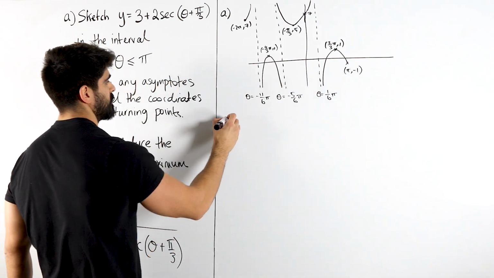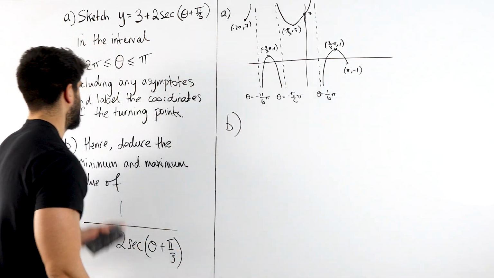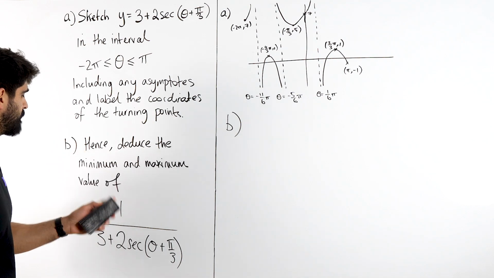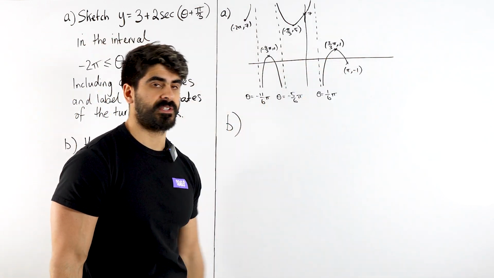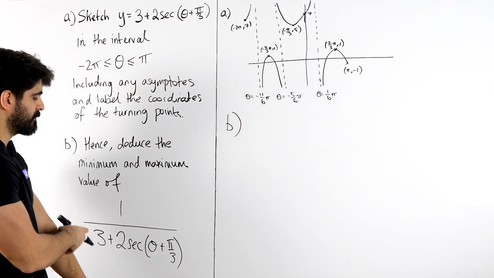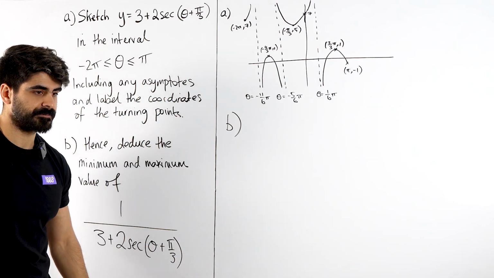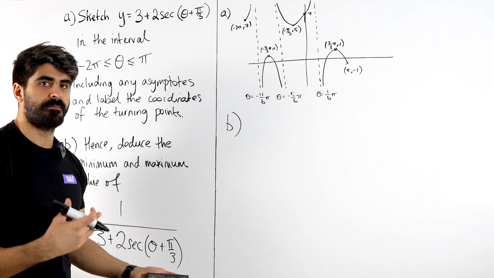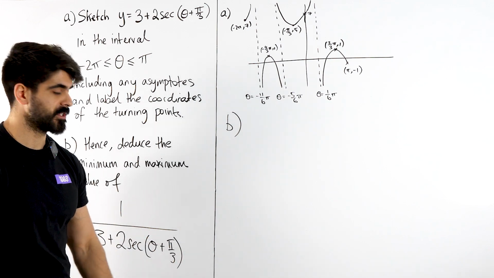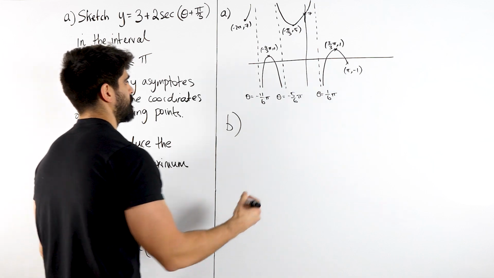Part B is nice and easy though. Hence deduce the maximum and minimum value of this. So basically talking about these turning points essentially. Okay? So just think back to GCSE, when we do bounds and we do maximum, minimum, upper, lower bound stuff, you're thinking about the fraction.